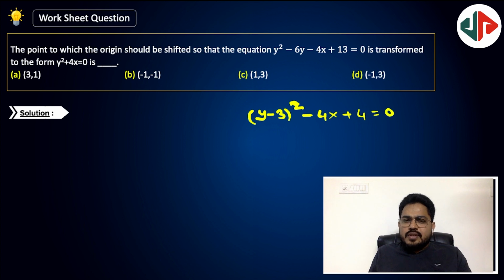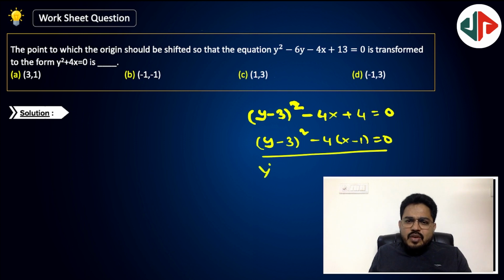So this equation is y minus 3 whole square minus 4 times of x minus 1 is equal to 0. So you are going to get y square minus 4x is equal to 0 if you shift the origin to 1 comma 3.